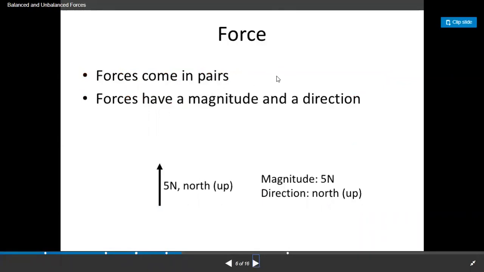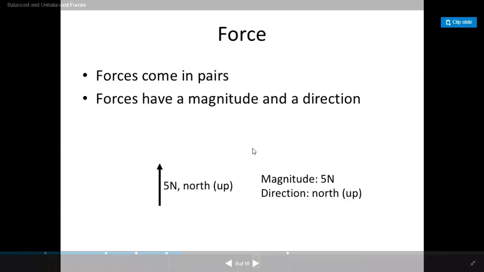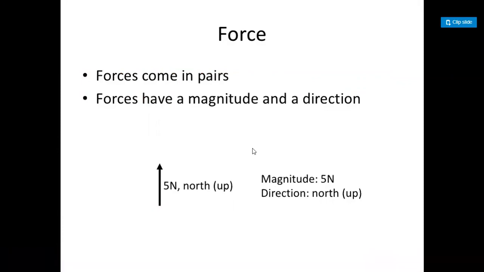Forces come in pairs. Forces have a magnitude and a direction. Magnitude is the amount, the degree of the force, and direction is which direction the force is acting, whether it is north, south, east, west.